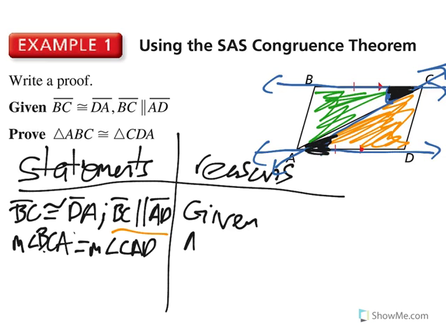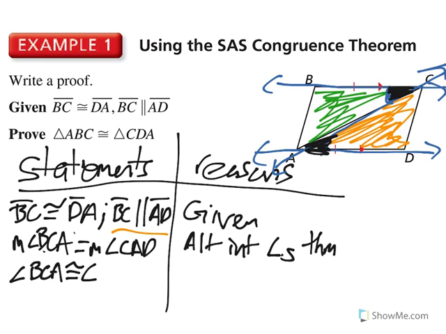This is based on the alternate interior angles theorem. From that statement, if angles are equal, then I can also say that they're congruent. So I can say angle BCA is congruent with angle CAD. This is based on congruence theorems of angles, but just congruence in general.